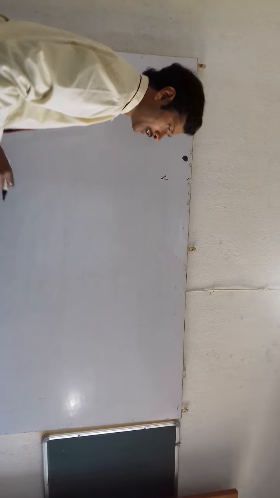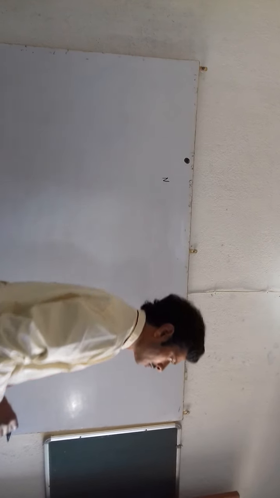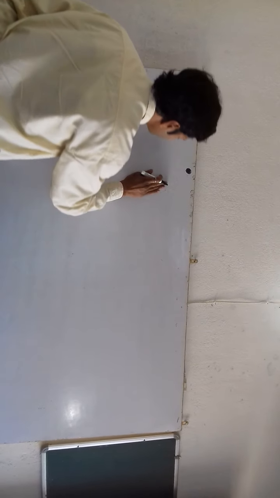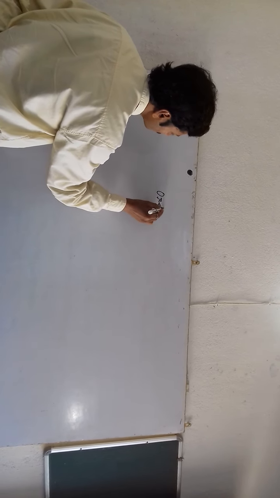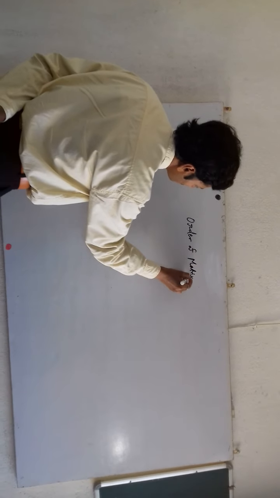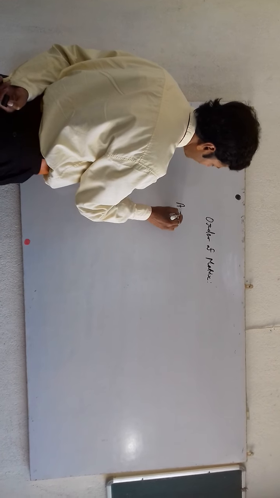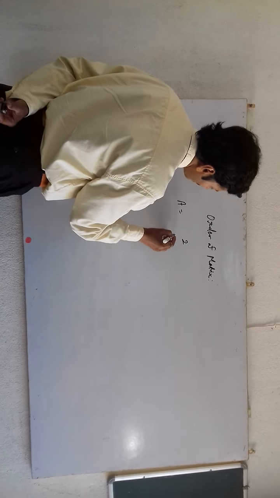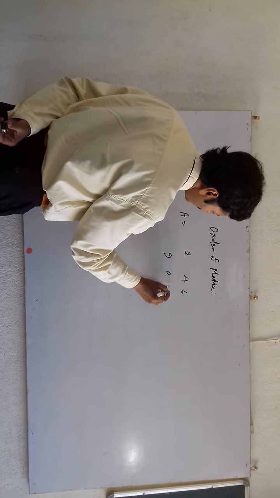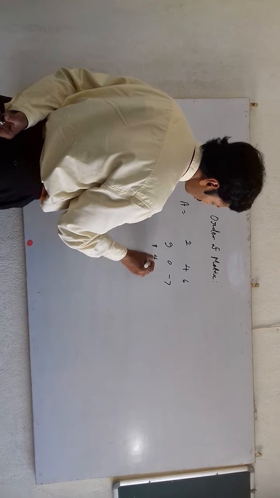Now, the next point is to know the order of a matrix. Let us look at an example. The first matrix is A and the elements are 2, 4, 6, 9, 0, minus 7, 8, 4, 2.